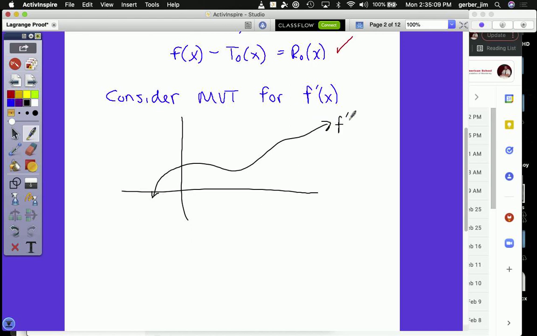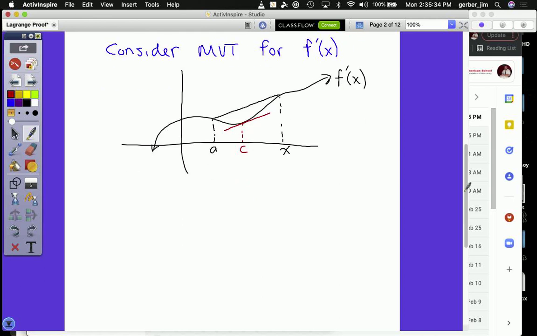But this time I want this to be f prime at x. And I want to go from a to some number x. And I'm going to have the slope of my secant line. And the mean value theorem tells me that there's got to be a tangent line with the same slope there. The only difference is this time it's f prime at x.